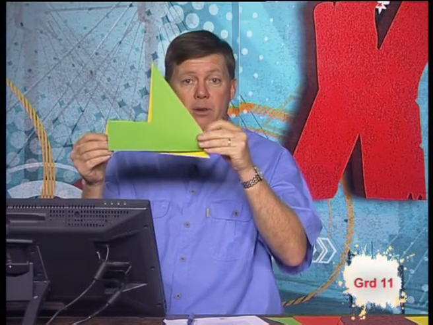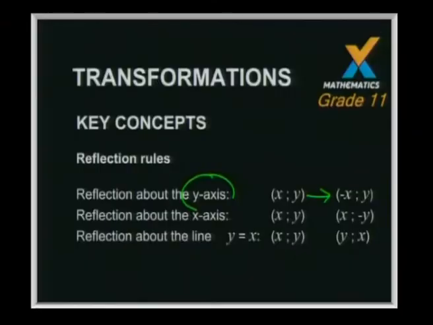The x value doesn't change, but there it goes, all the way down. So similarly to our reflection around the y-axis, in a reflection around the x-axis, the y values change sign. Let's look at that algebraically. In a reflection around the x-axis, our (x, y) becomes (x, −y).